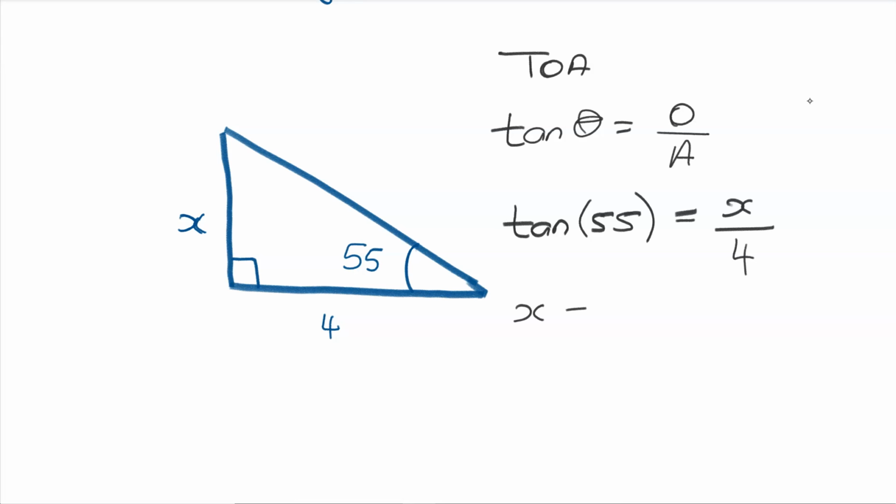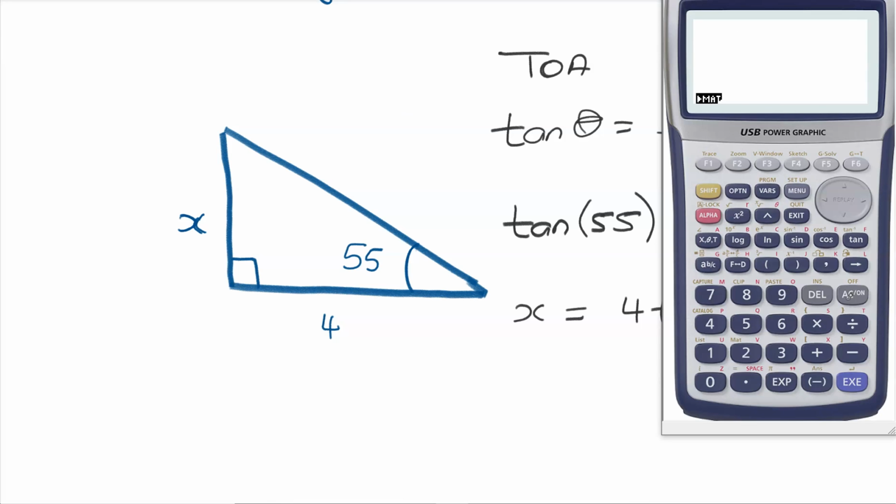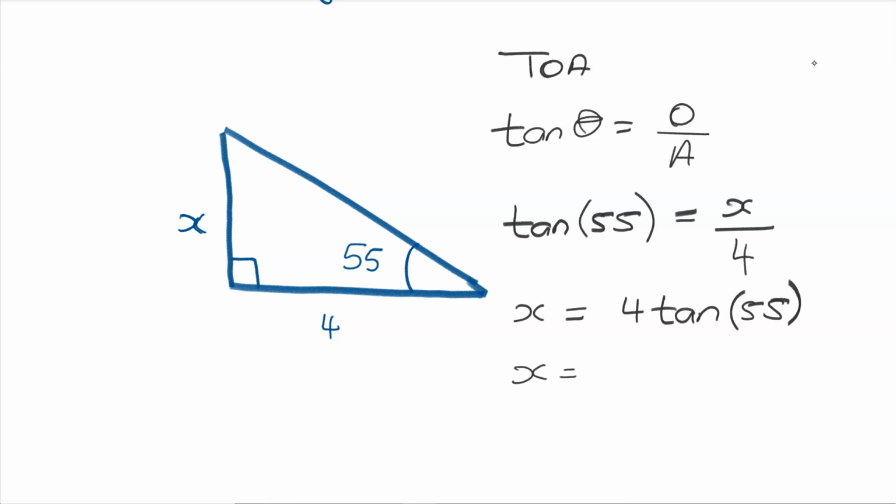Therefore x is equal to, to get rid of the 4 on this side, we multiply by the 4, and we multiply the other side by 4 as well. 4 multiplied by tan of 55. We can put that in our calculator. So 4 tan 55, which is 5.71. So x is equal to 5.71.